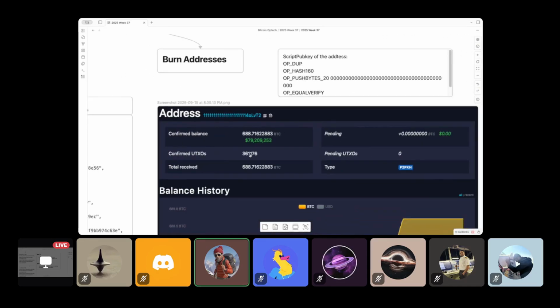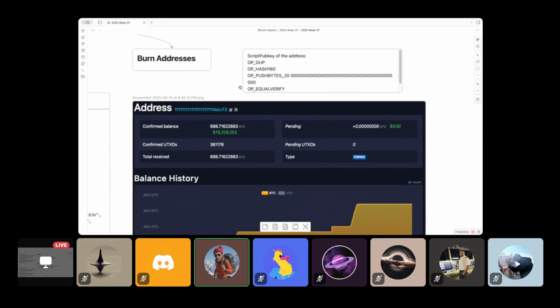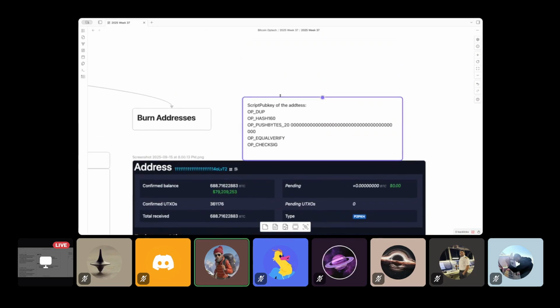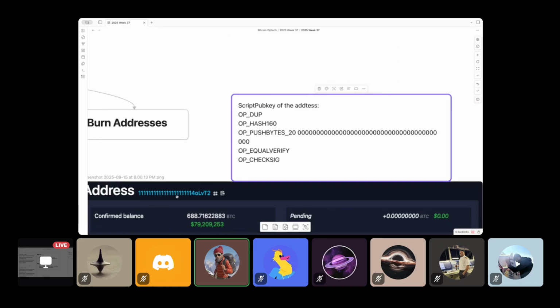And finally, we have these burn addresses. These burn addresses are addresses with a script pub key that doesn't read right. So this is one example. This is the script pub key of this address. This burn address reads like this. Where the 20-byte hash should be, there are just zeros.